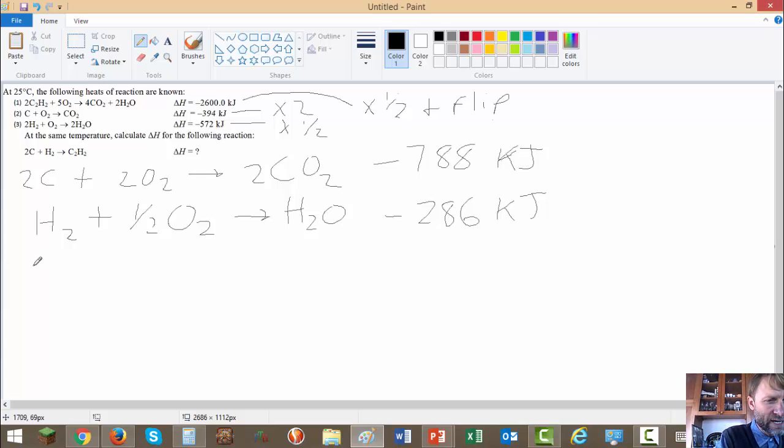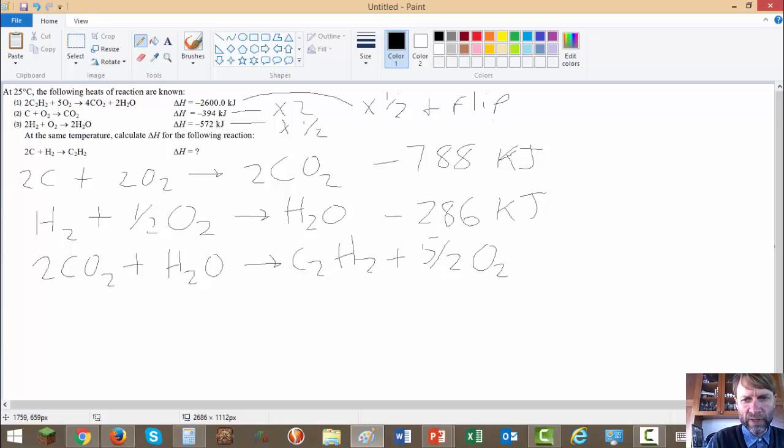So we'll do that all in one step, where we get 2CO2 plus H2O gives C2H2 plus 5/2 O2, and the delta H with this is plus 1300 kilojoules, which is the opposite sign shown in reaction 1 and multiplied by 1/2.